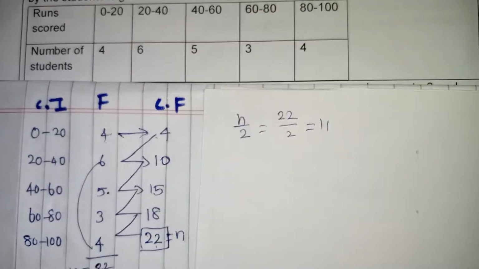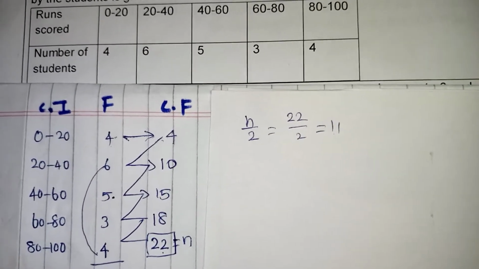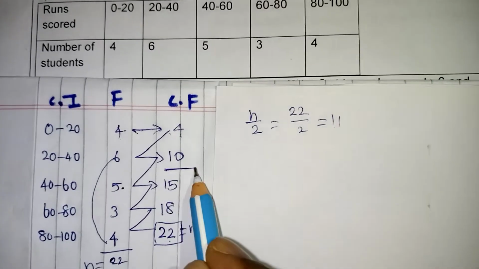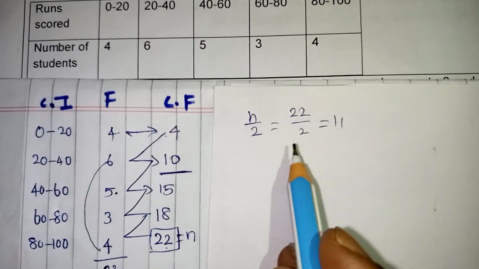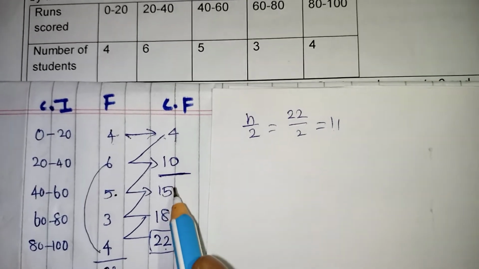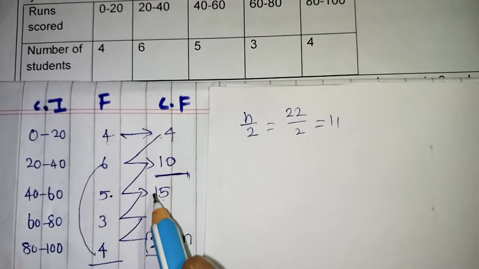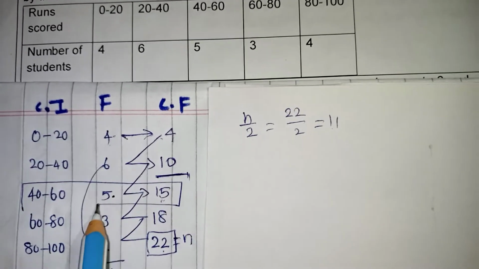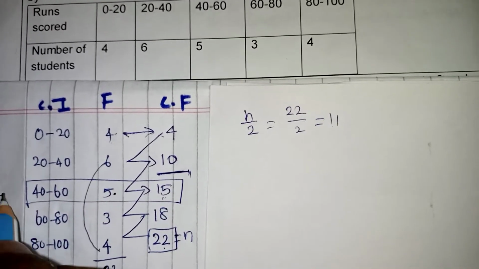Now we have to find out which two numbers in the CF the 11 lies between. 11 lies between 10 and 15. The n by 2 value lies between 10 and 15. The bigger number should be taken as the median class.